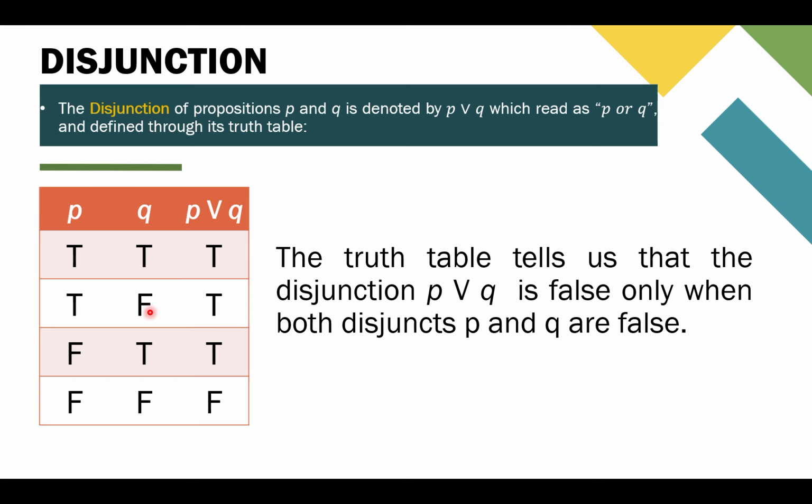But let's say we have a false single component sa compound proposition, then pwede siya maging true. So, tatandaan niyo class, when it comes to disjunction, kapag may isang true sa single components ng compound proposition, siya ay magiging true. Pero, kapag pareho na siyang false, gagawin natin siyang false.